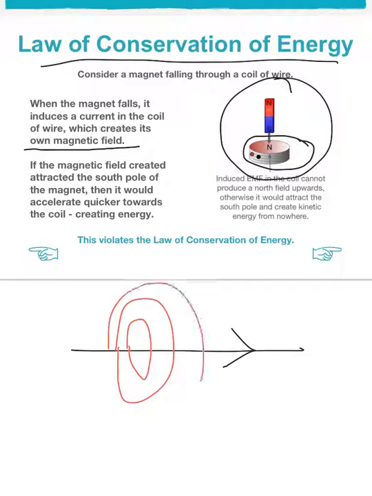So what we're getting here is a magnet that is moving through a coil, an EMF inside a conductor, which is inducing a current, and then that current is generating a magnetic field. Now, how do we know the direction of that magnetic field? Well, that was your right hand rule.